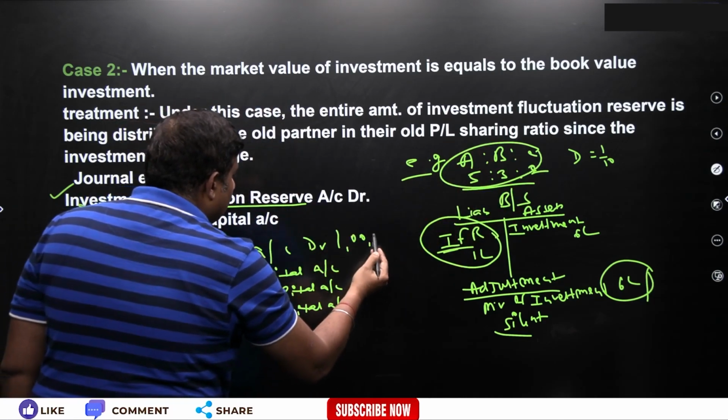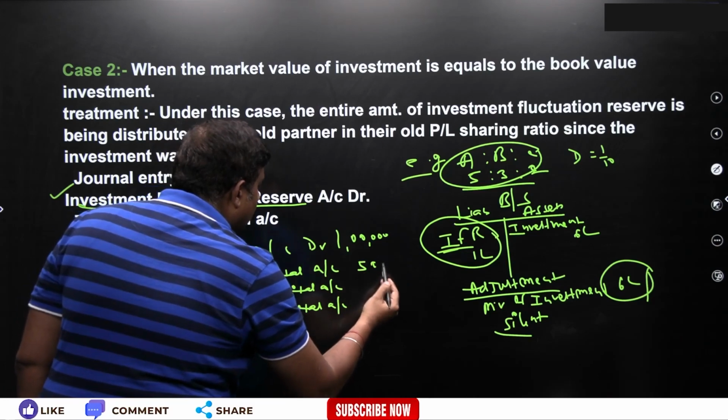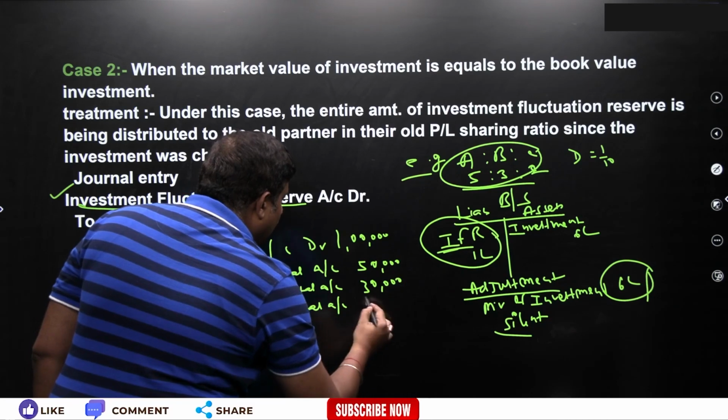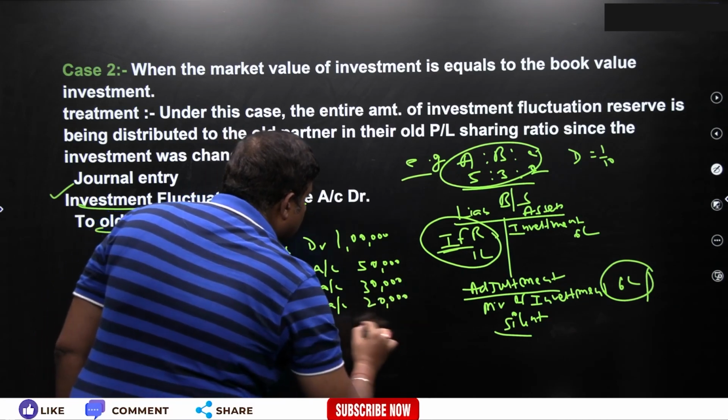So of this 1 lakh, 5 by 10, that is 50,000, should be given to A, 30,000 should be given to B, and 20,000 should be given to C.